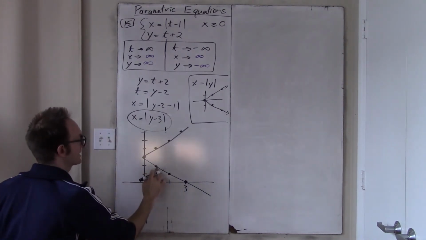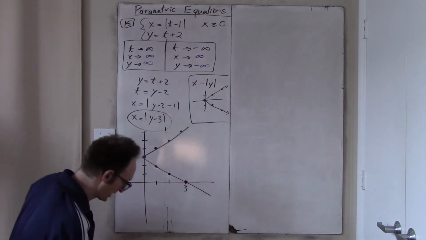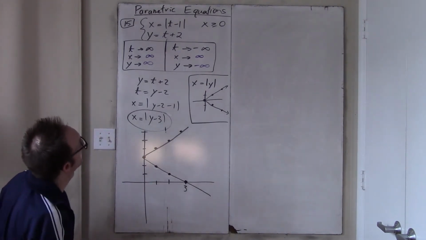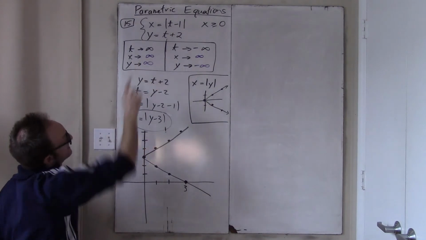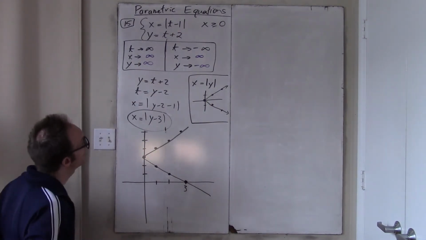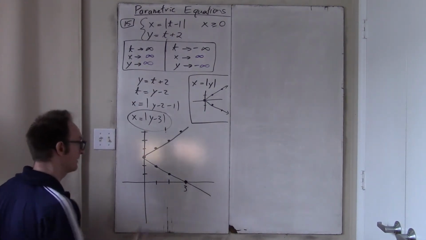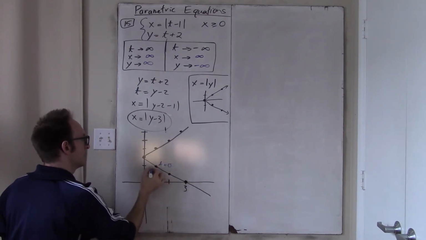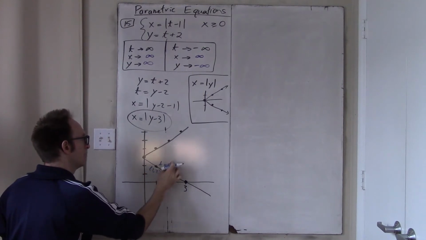How does this curve get traced out? Well, you can just plug in some t values, and maybe say t equals 0. Where am I at t equals 0? I'm here at 1, 2.